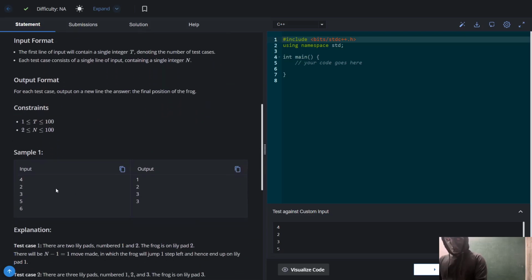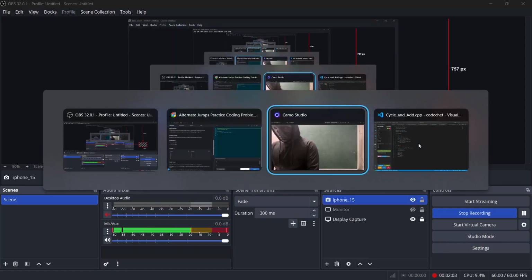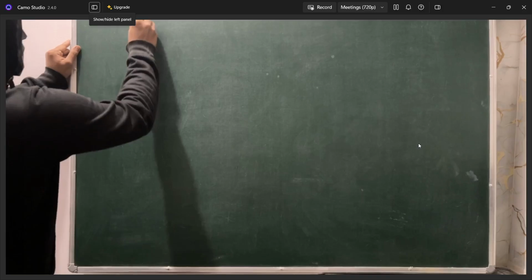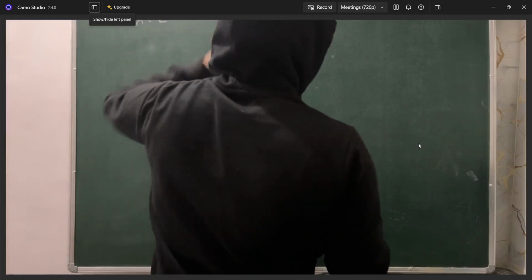So let's take an example and then understand. In the first example, let's say n given is 2, and we have to find the final position of the frog.